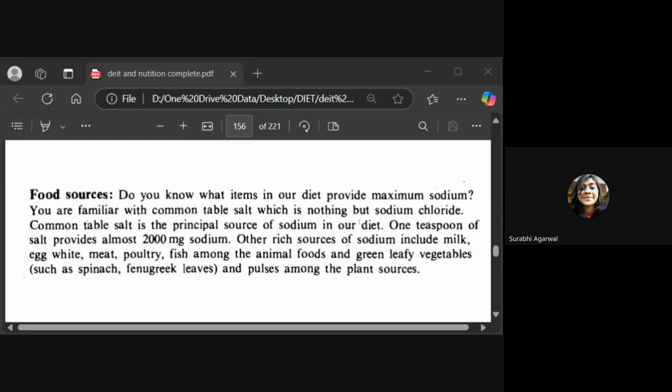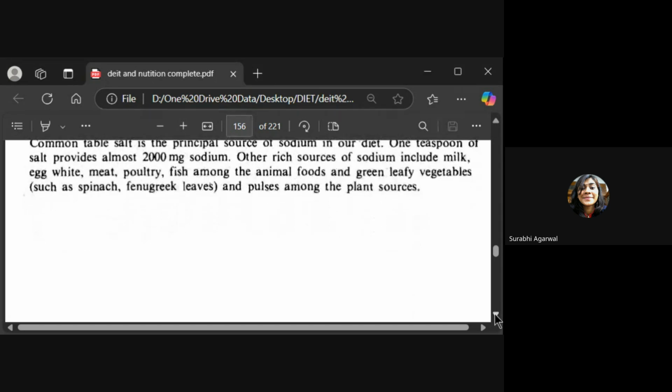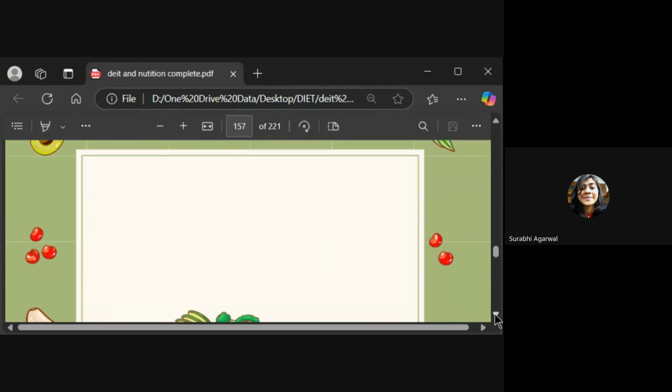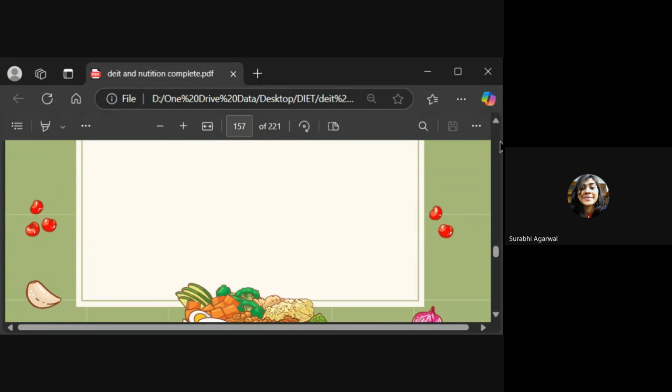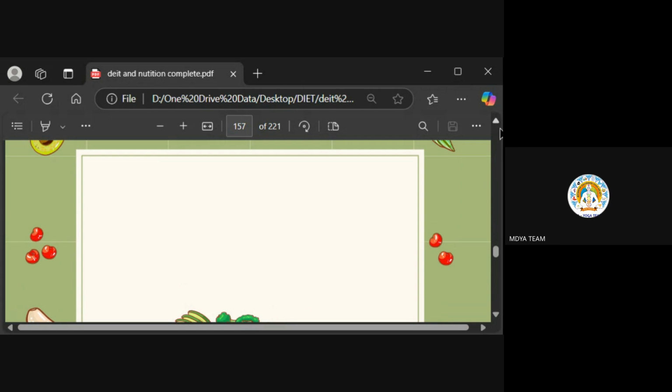Yes, Surbhi, you want to ask something? Yes, ma'am. If the content is not there right now in the slide, when you share the slide, it will be there, right? Because I was going to make notes from the content also, because it will be very difficult to study during exam. This is like one full book. So I was just going to make a flow chart of what the main sources of each mineral are, and what the deficiencies are. There is no written document right now. Maybe I will try later on, but later on becomes a later on.